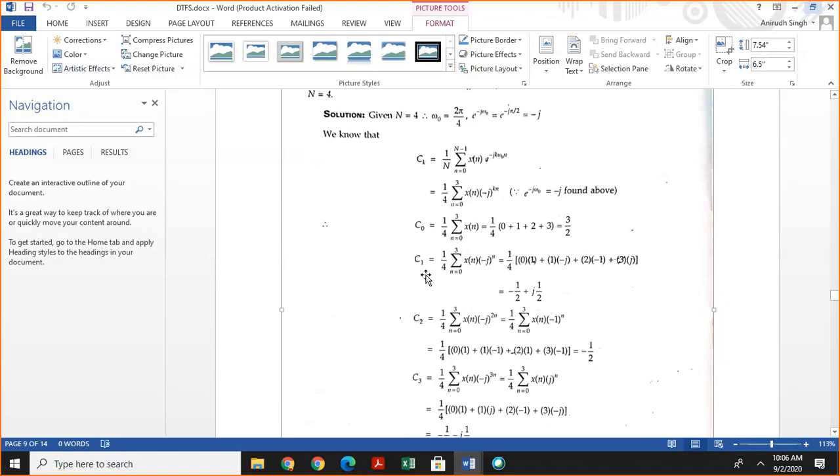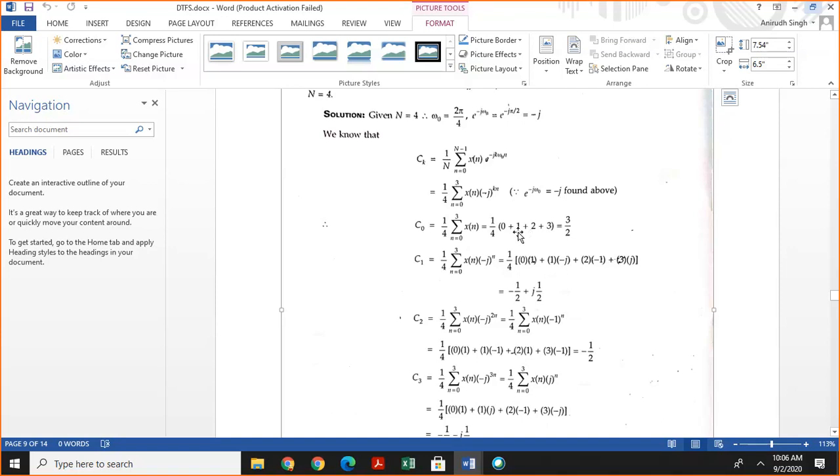The value of C naught is equal to 3 by 2. Similarly, C1 is calculated as 1 by 4 summation n from 0 to 3 of x of n times minus j raised to the power k n. Substitute the value of k as 1, so we get minus j n. In the same way, 1 by 4: 0 multiplied by 1 when n is 0, this quantity is 1.